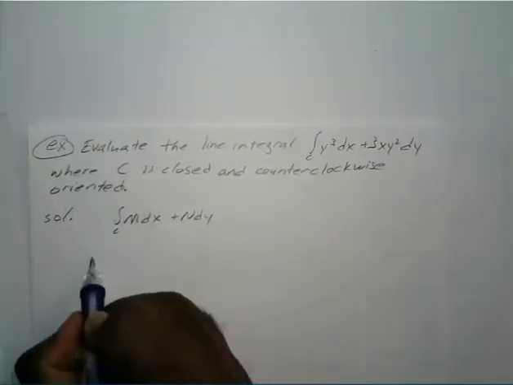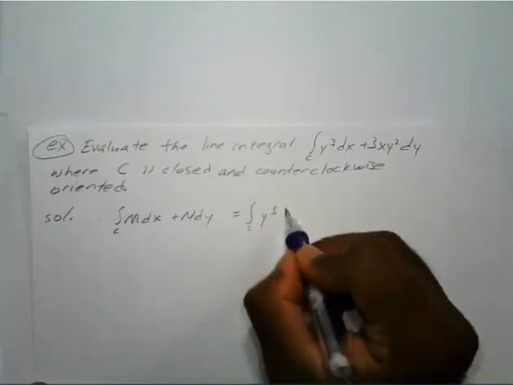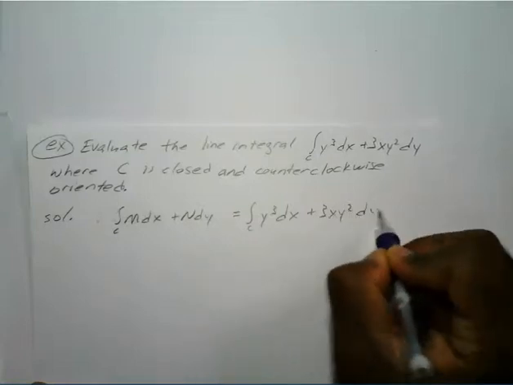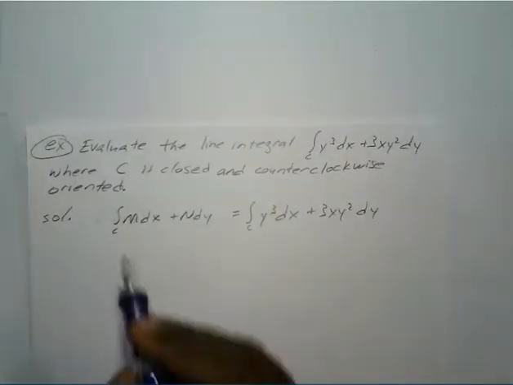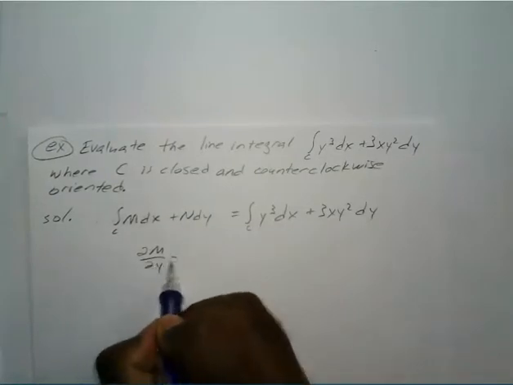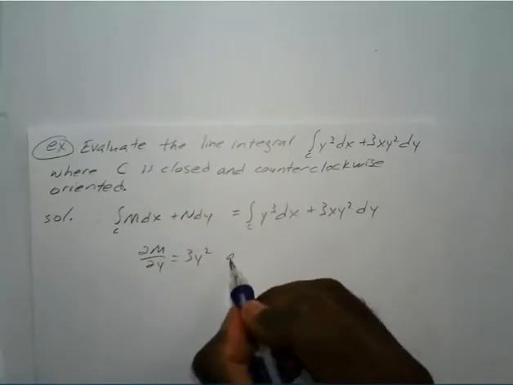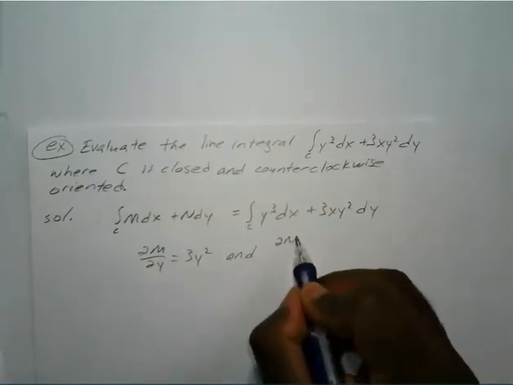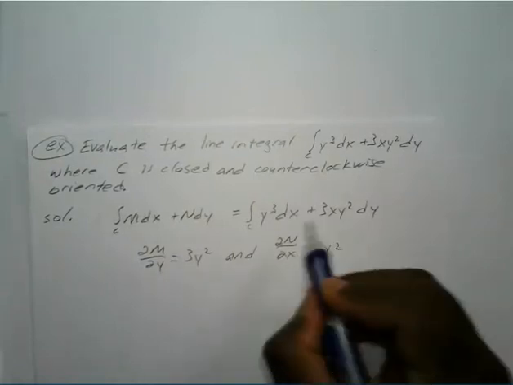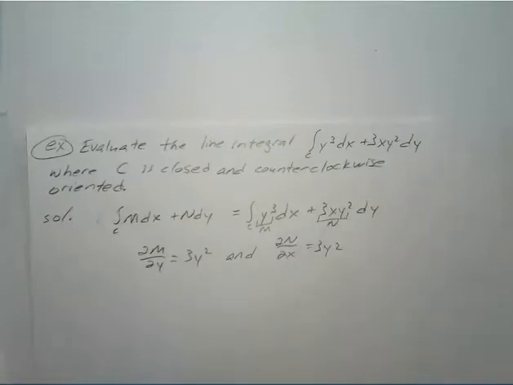Okay, so if we have our integral of y to the third dx plus 3x y squared dy, we see that the partial of m with respect to y is equal to 3y squared. And the partial of n with respect to x is equal to 3y squared. Of course, this is your m, and this is your n.